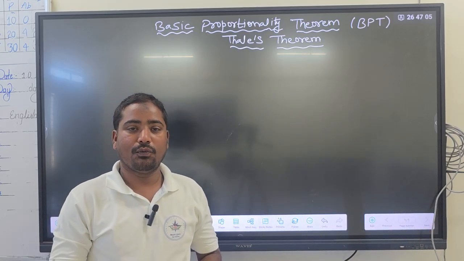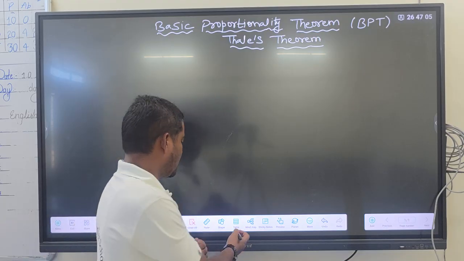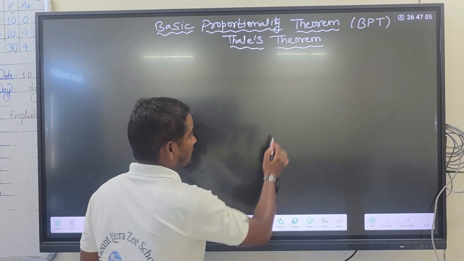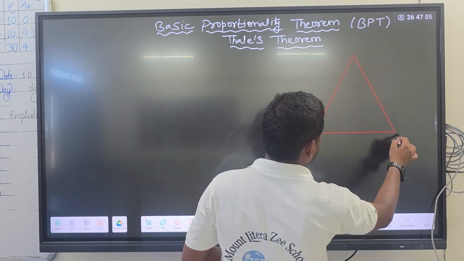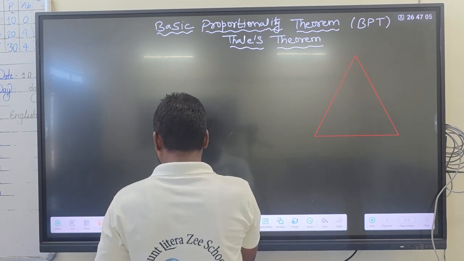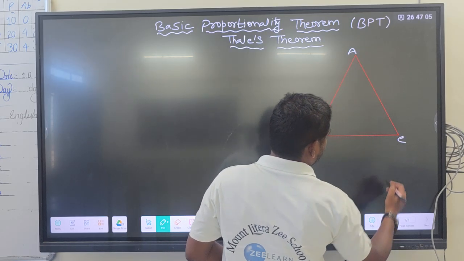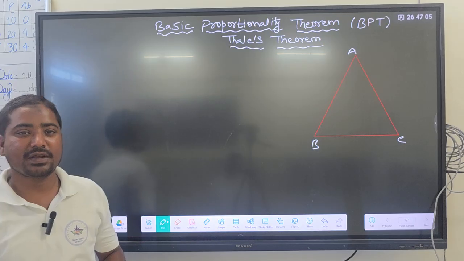See, BPT says that in a triangle, first we will take one triangle. Okay, so here we are having one triangle. Name this as ABC. What is the statement of BPT?